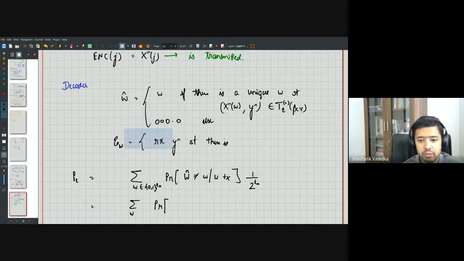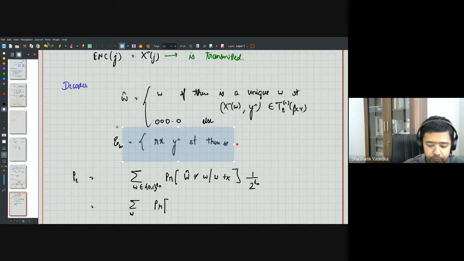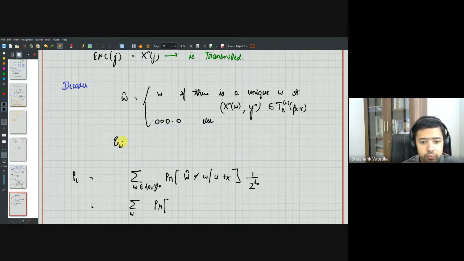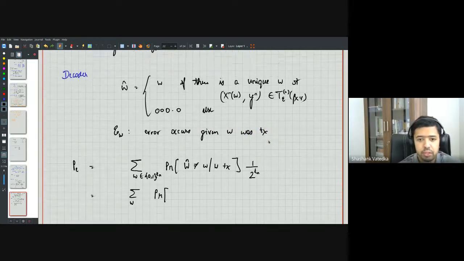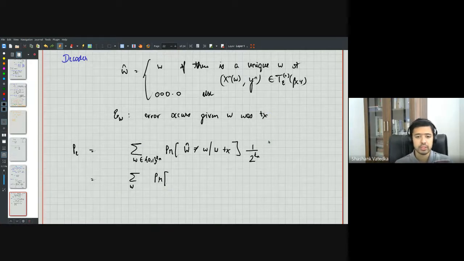But for a given w, error occurs given that the message w was actually transmitted. Some error event happens, and that is the error event corresponding to w.